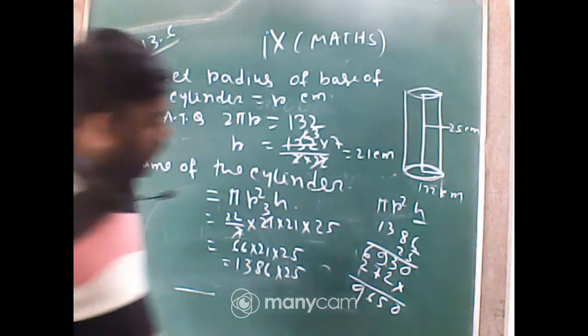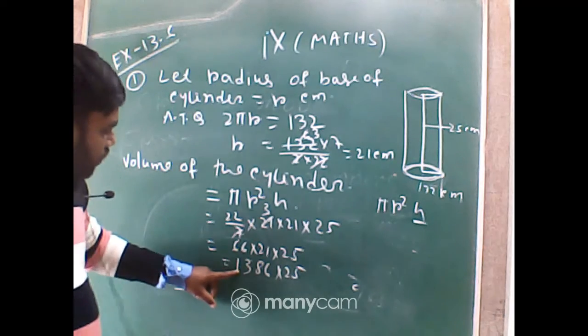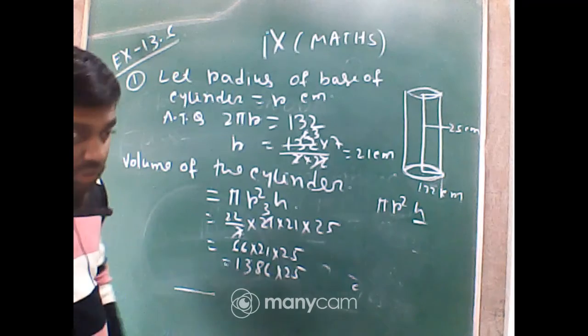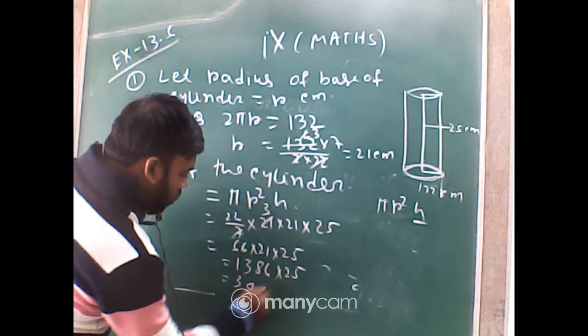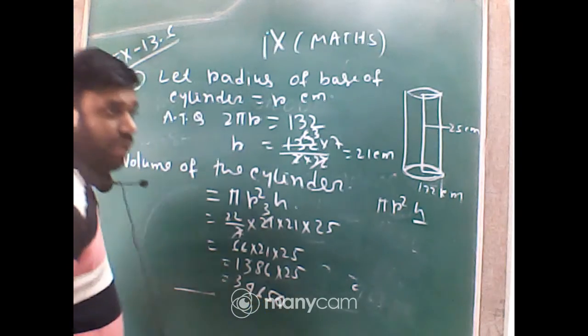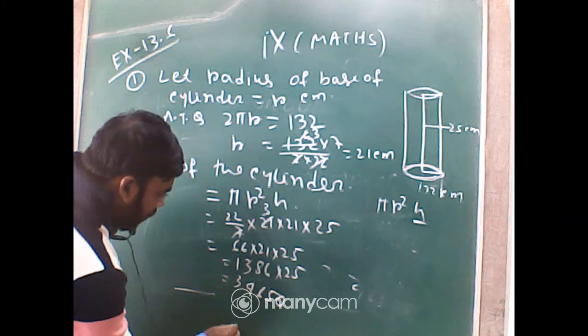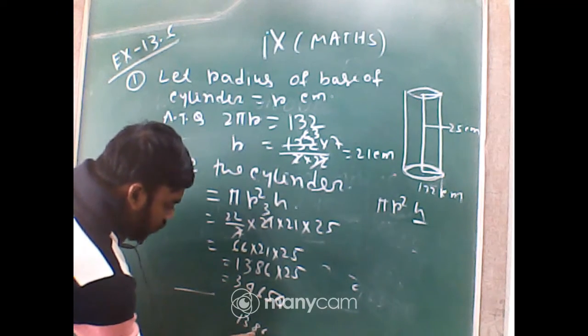Okay, wait. 1386 into 25, you will get 34650.